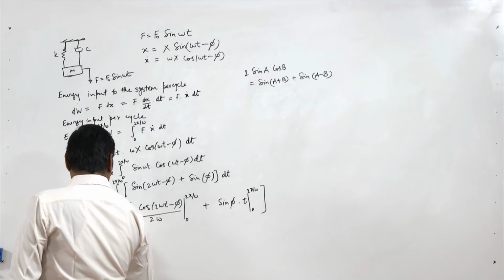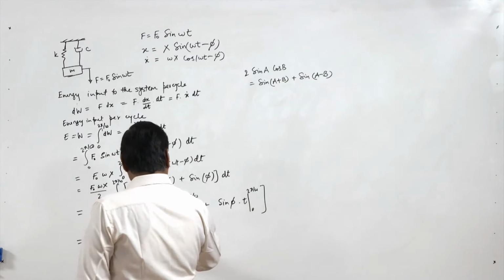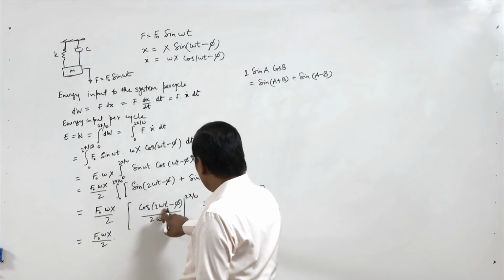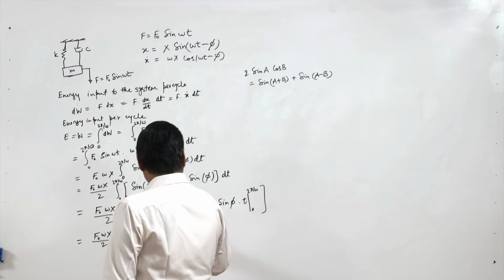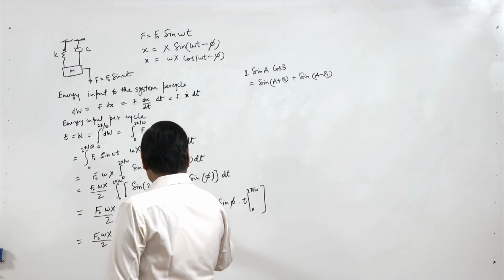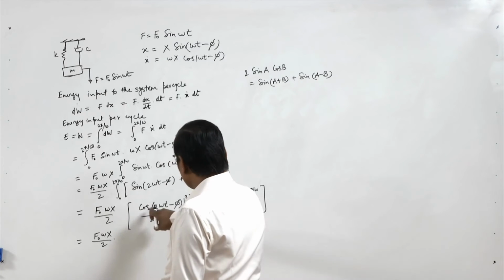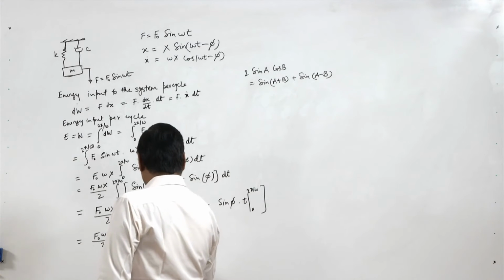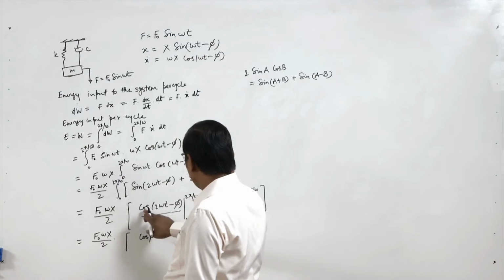So f0 omega x by 2 into, so here when we have t equal to 2 pi by omega, it will be 4 pi, cos of 4 pi minus phi. So cos of 4 pi minus phi will be cos phi, minus, when we have t equal to 0, it is cos of minus phi.